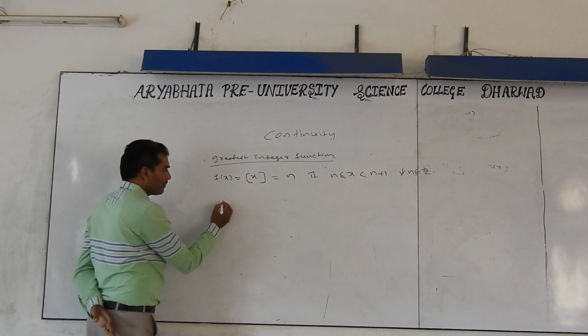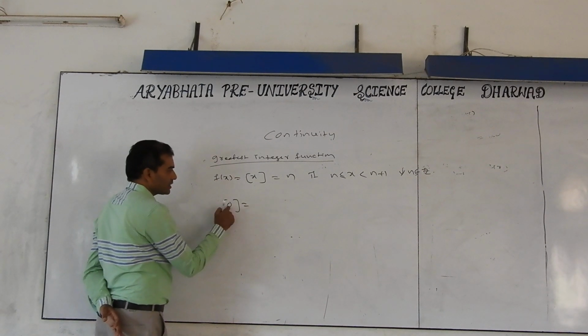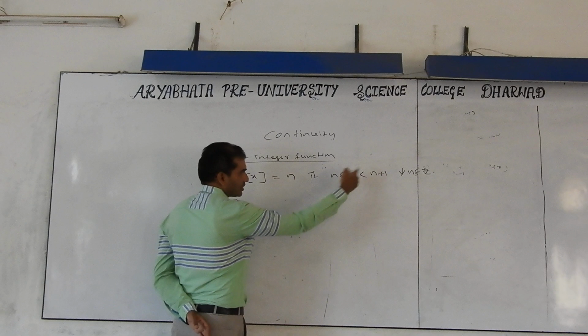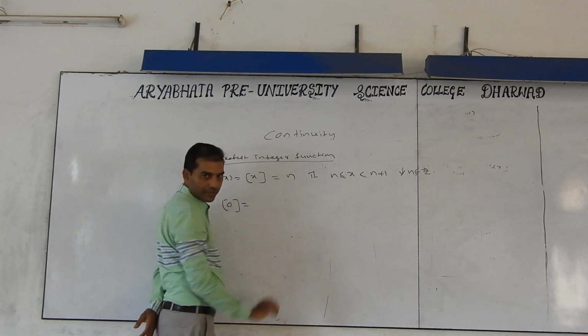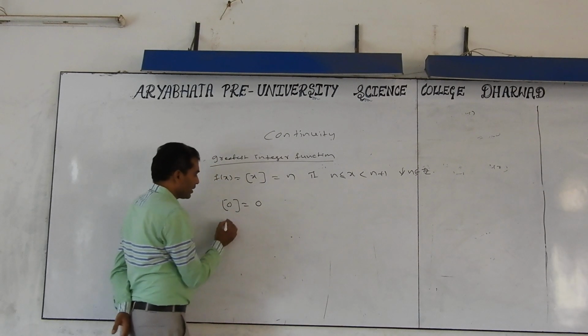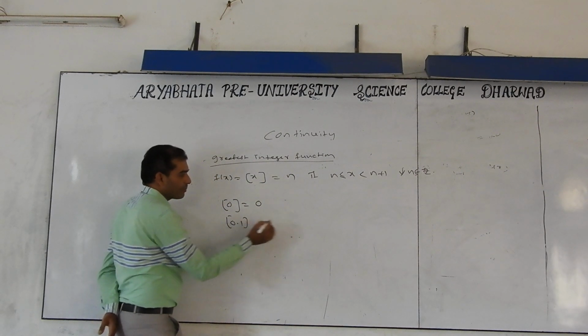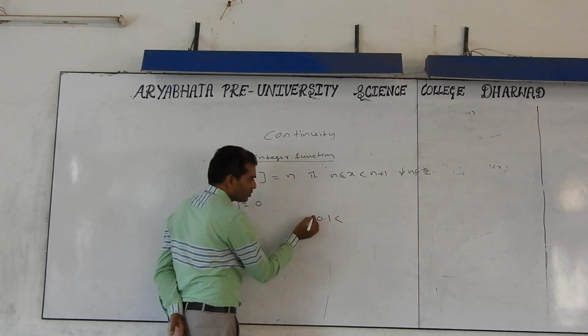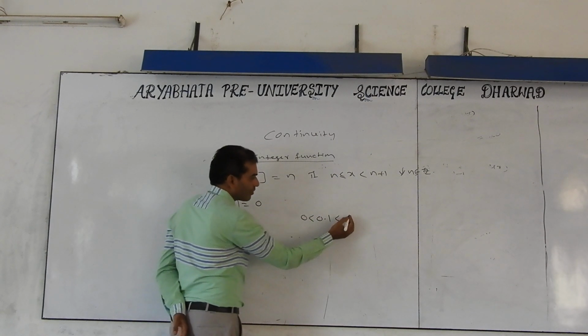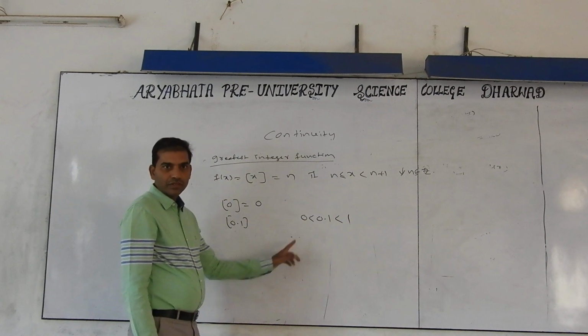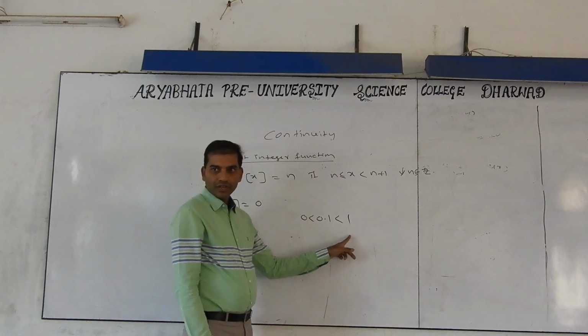What is the step of 0? 0 comes under integers. So its integer value is equal to the integer only, 0. Now 0.1. Tell me, 0.1 lies between two consecutive integers here, 0 and 1. Understood?